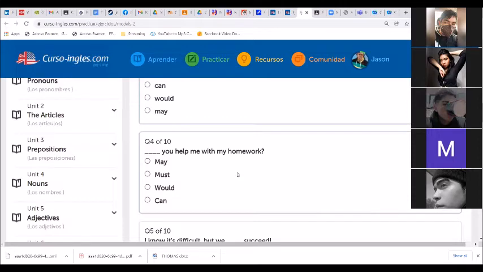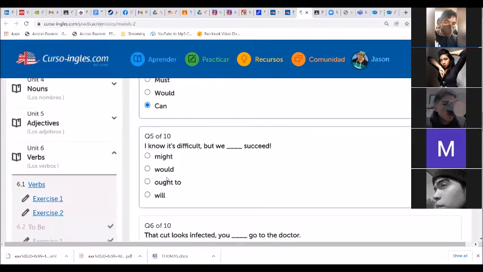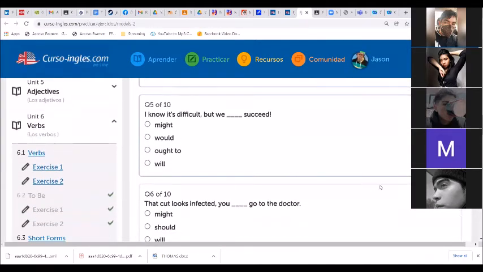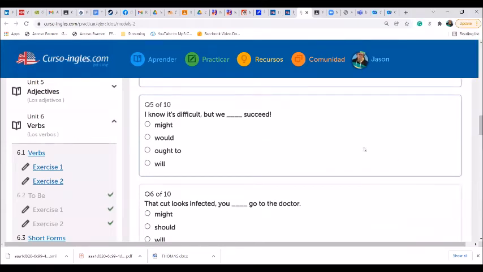Can you help me with my homework? Yes. Now, these last 2 can be a little bit tricky, but yes, can is the better option. All right. Andrea Maya, number 5. I know it's difficult, but we will succeed.